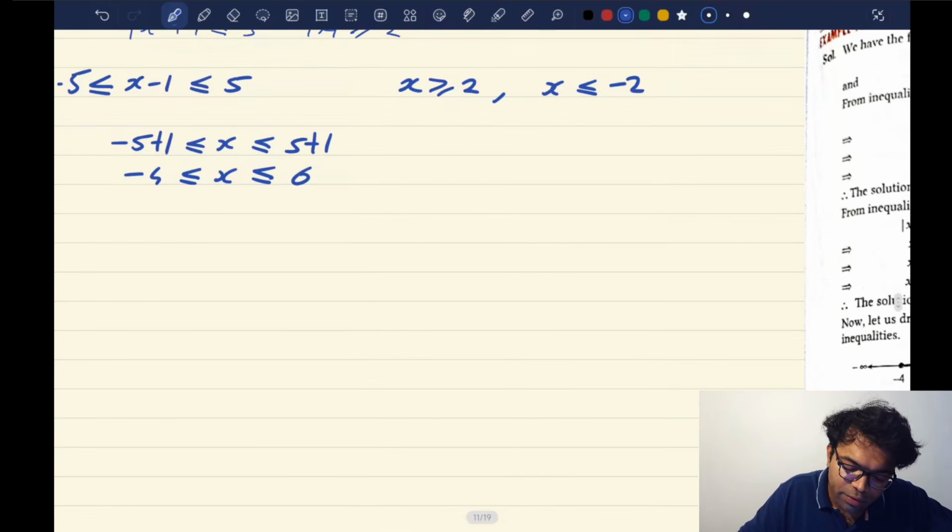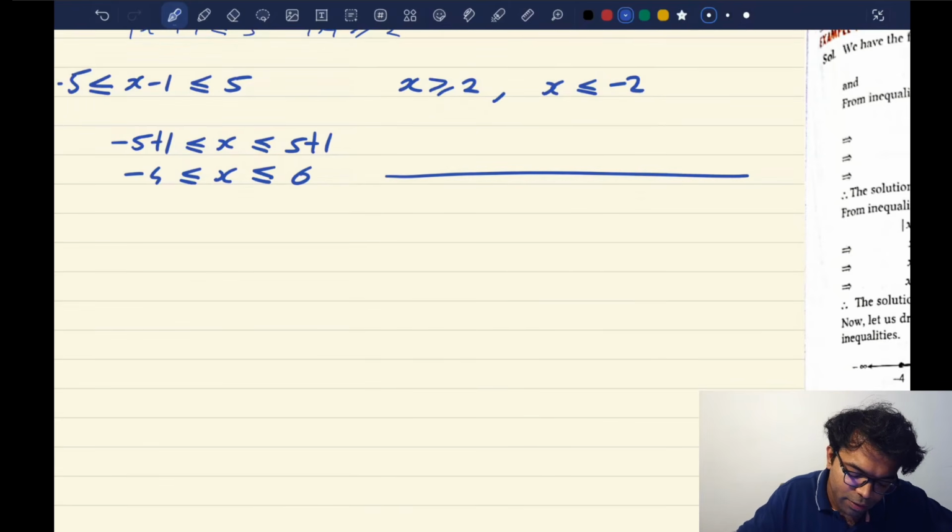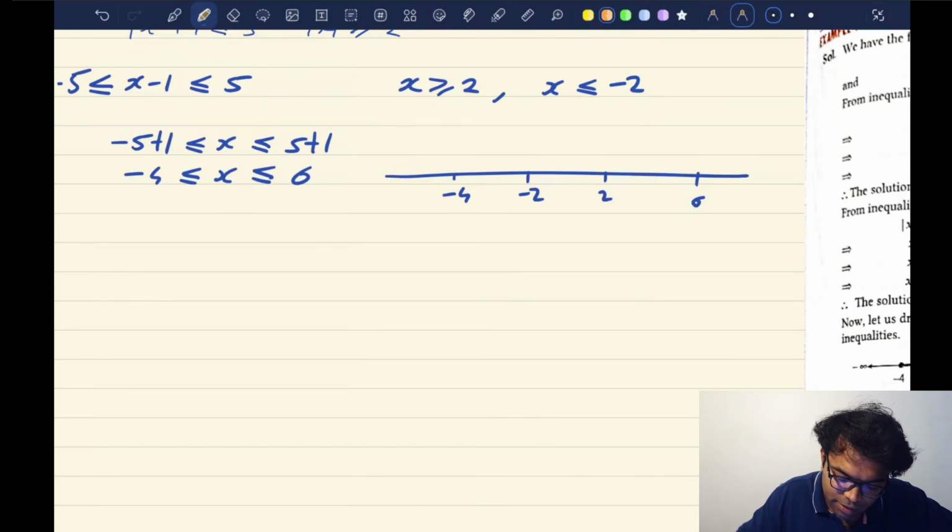First and foremost, we'll draw our number line. Okay, a straight number line we will draw. So what are the values that we need to take into consideration? You have the -4, you have the -2, you have the 2, and you have the 6. So with my highlighter, look at this.